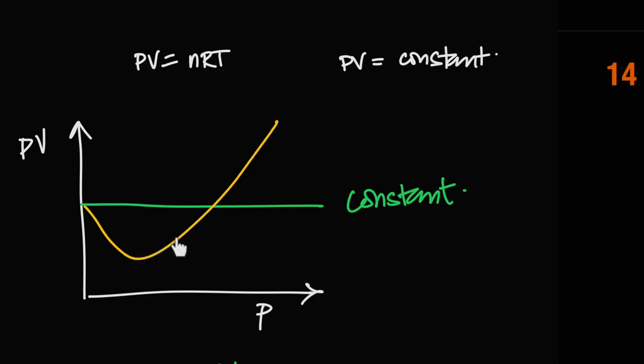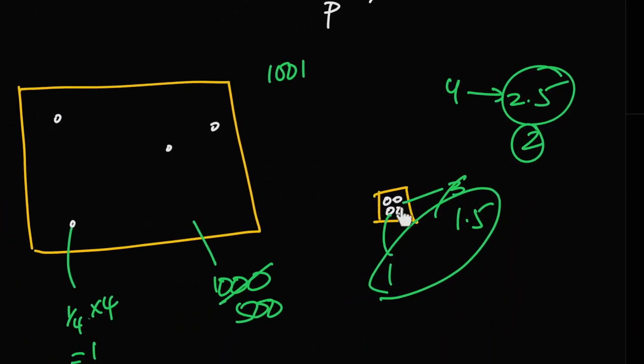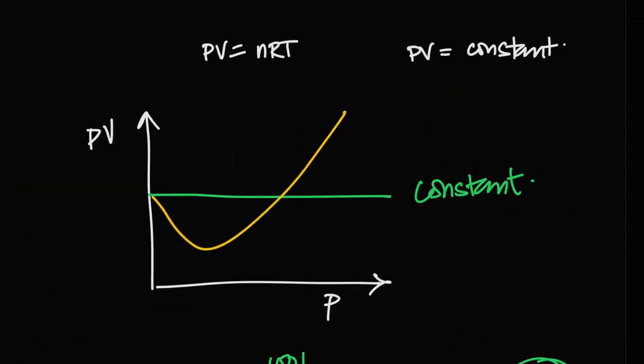But slowly and slowly, the other problem becomes more important, which is the fact that I can no longer ignore this. Now, this is a lot of explanation. You do not have to recreate this explanation. What you just need to know is this, that there is something known as negative deviation and positive deviation.